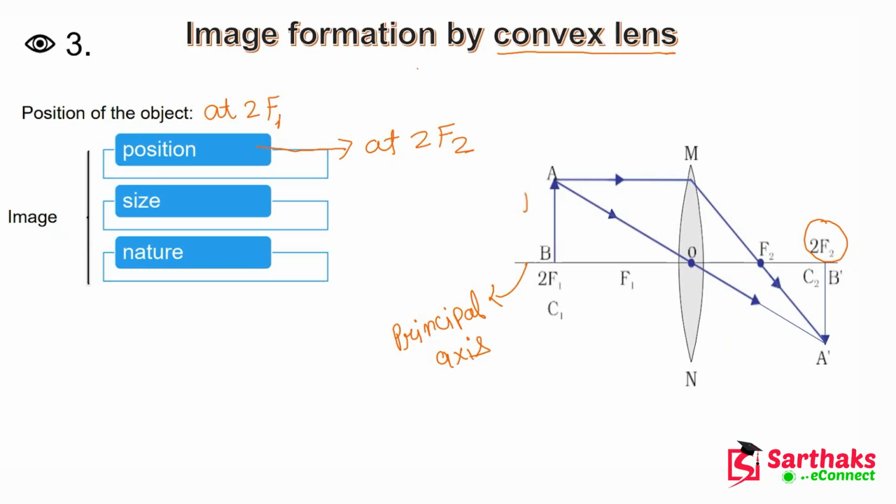If the height of the object is h, then the size of the image will also be h. It is the same size. So if you are asked what is the size in this case, then you will simply write same as the object.